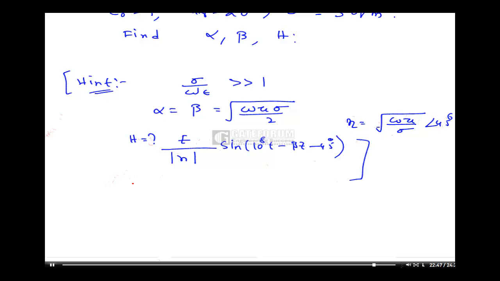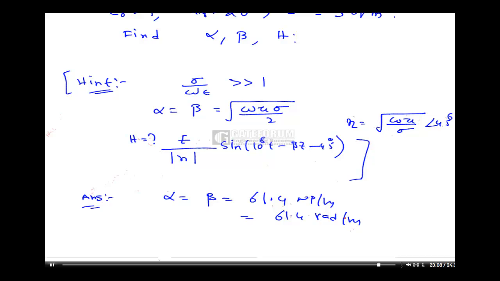If you calculate properly, the answer you will get is like this. Alpha is equal to beta, equal to 61.4. Alpha is in nepers per meter, and beta is 61.4 radian per meter.